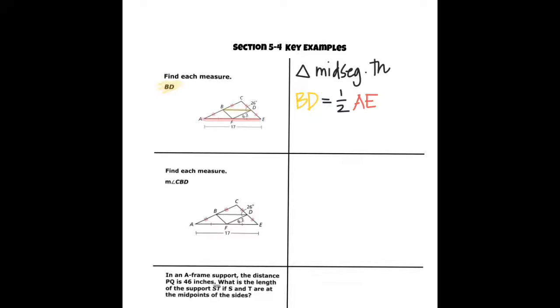And I'm able to say that again because of the triangle mid-segment theorem. Now I just have a simple substitution where I'm going to take out AE, replace it with what I know, which is 17. I know that measurement is 17 based on my diagram. And I've got segment BD then equal to 8.5.